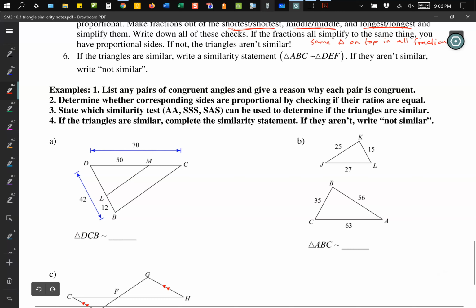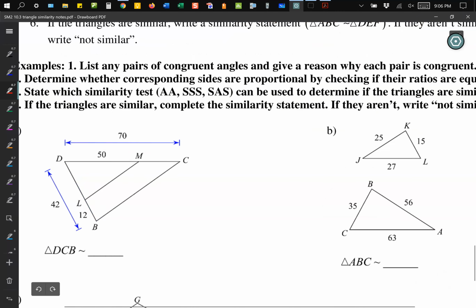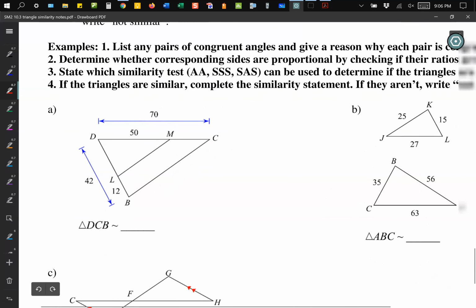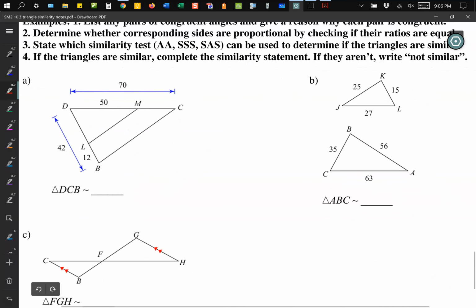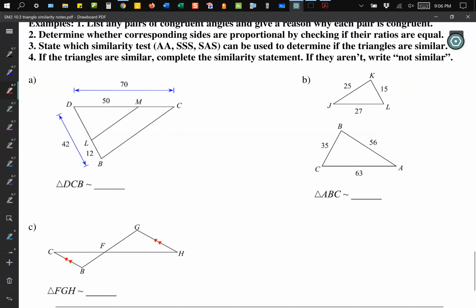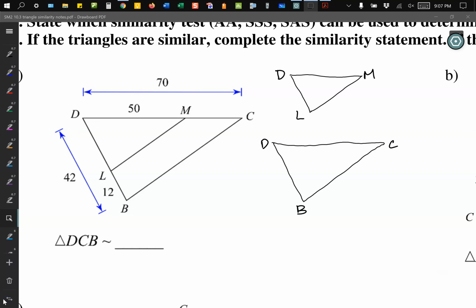So let's start with this first one here. When you see overlapping triangles, first draw them separately. So I've drawn my two triangles separately. Now I'm going to label all the information that it told me about them.